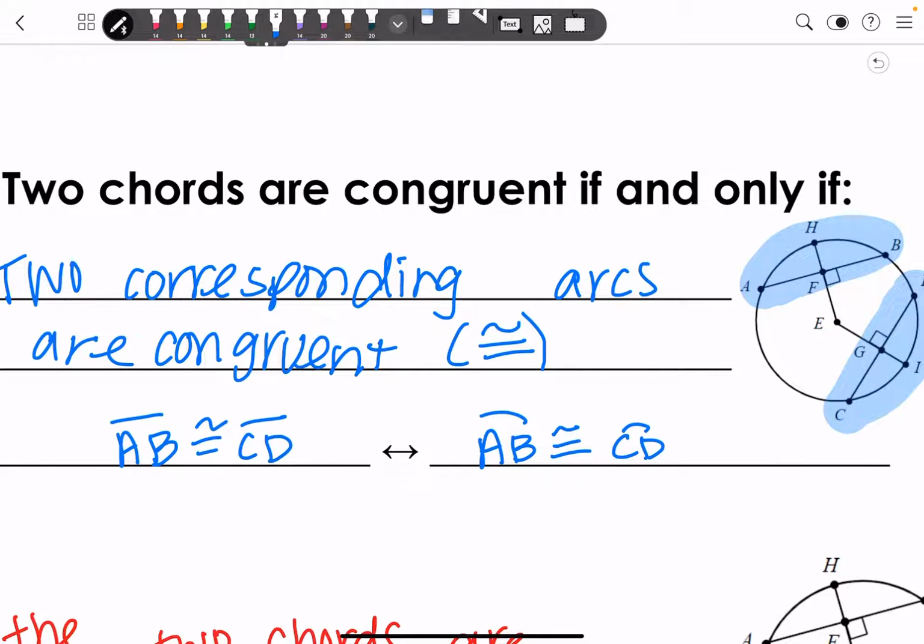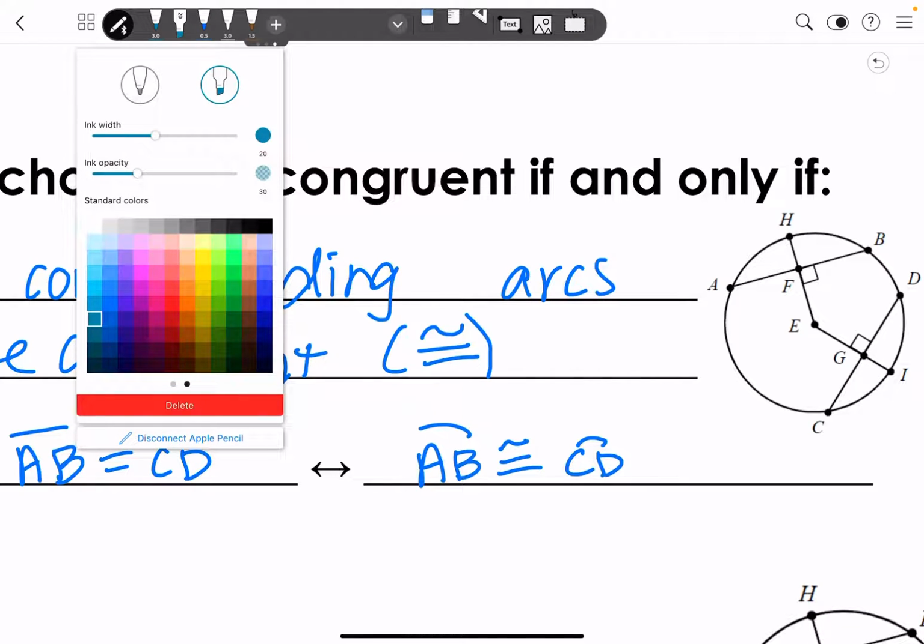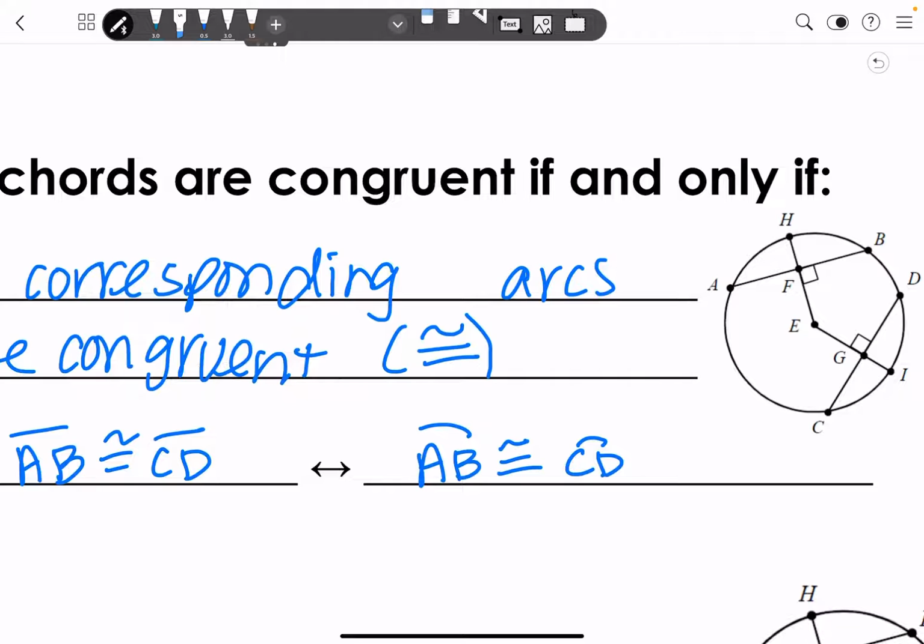So if those 2 parts are congruent to each other, and I know it's kind of huge right there, so let's do. Here we go.